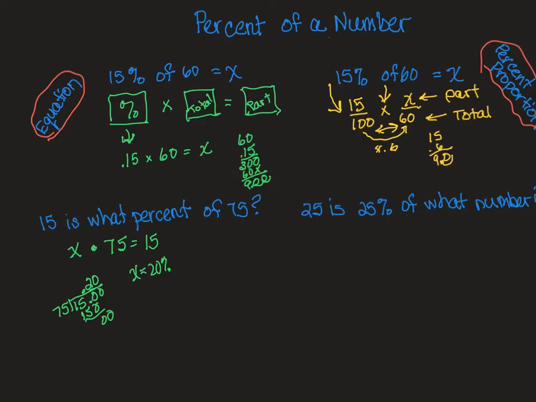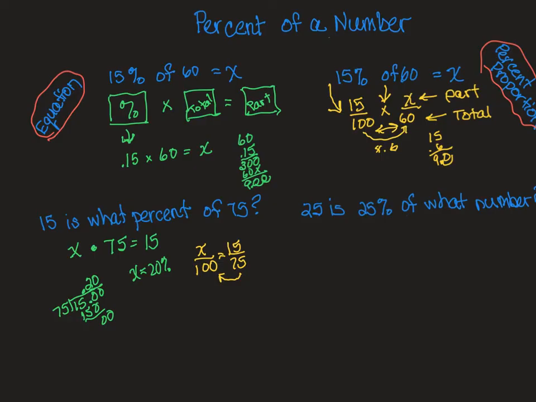Now, if I'm setting it up as a percent proportion, I don't know what the percent is, but I know that it's always over 100, and that's going to equal 15 over 75. I would solve it just like I did in the first one. I would figure out what I'm multiplying 75 by to get 100.